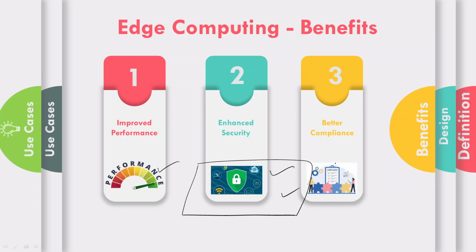The third benefit is better compliance. What that means is that if our data and processing is taking place inside the boundary of the organization and inside the same country, now the organization can comply with the regulations, rules and laws of the country and government.